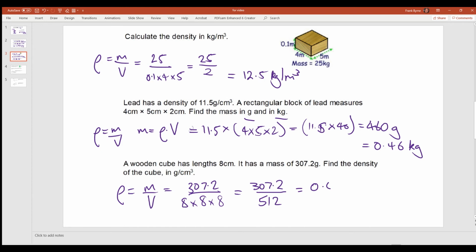Density is 0.6 grams per centimeter cubed.